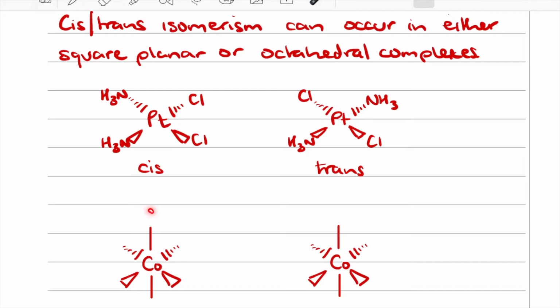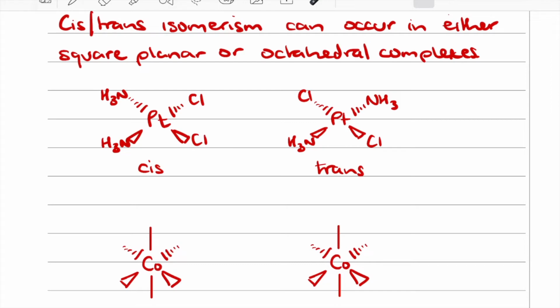So if I put OH here and OH here, that would be 180 degrees. If I put OH here and OH here, then I would have a bond angle of 90 degrees. And if I did it here and here, I would also have a bond angle of 90 degrees. And that's what's going to tell you that you've got cis, the bond angle, right? So that's your method for checking.